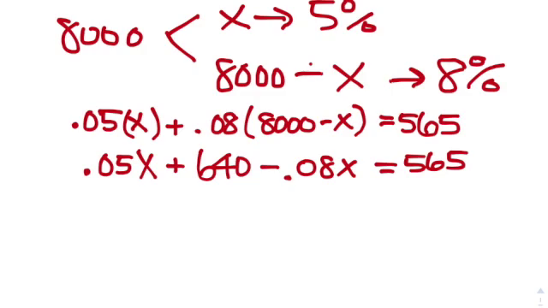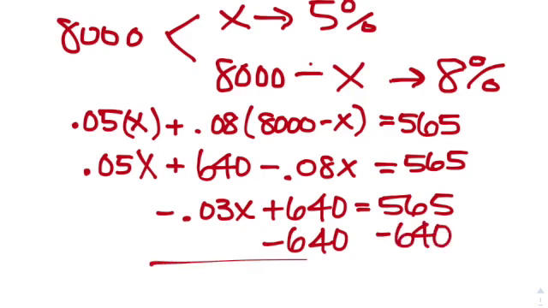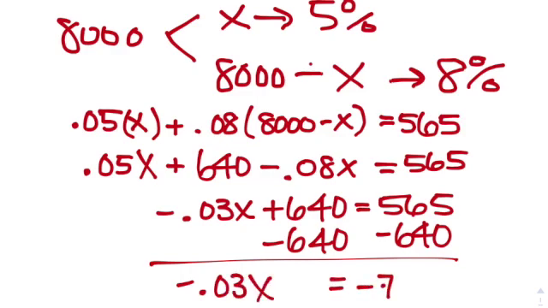And then after that, you will have negative 0.03x plus 640 equals 565. Minus 640 on both sides, you are going to have negative 0.03x equals negative 75.